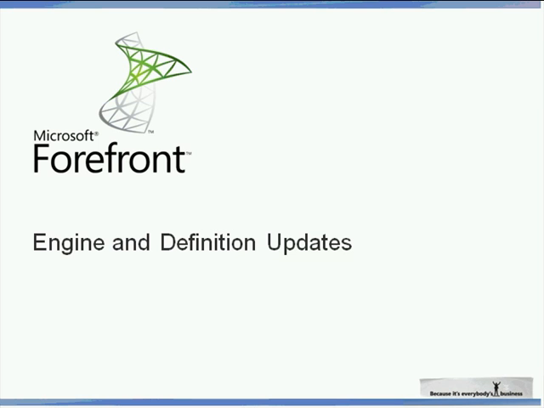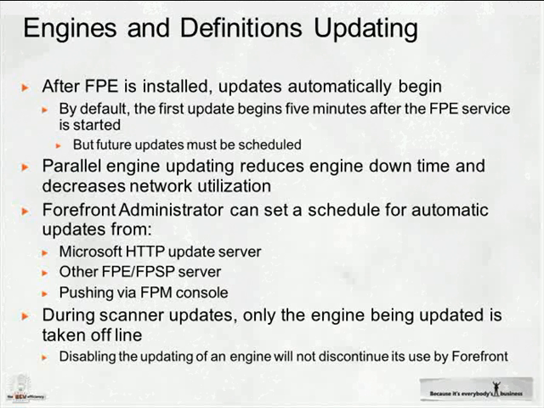So let's have some discussion on how to configure and maintain engine and definition updates on Open Protection for Exchange. After FPE, the Open Protection for Exchange, is installed, updates automatically begin downloading 5 minutes after your installation is complete.